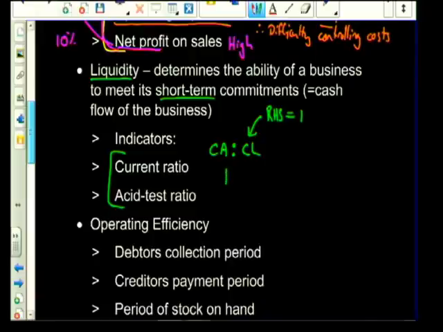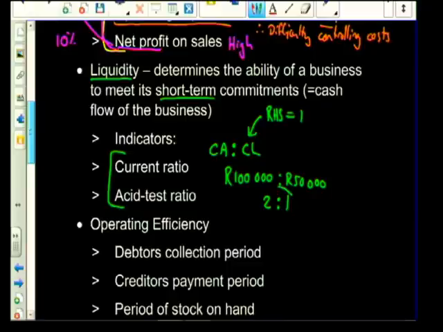Let's say our current assets were 100,000 Rand, and let's say that our current liabilities were 50,000 Rand. You should be able to see that 100 to 50, if we have to simplify this ratio, simplifies to 2 as to 1, because 100,000 is twice 50,000. It's double 50,000.